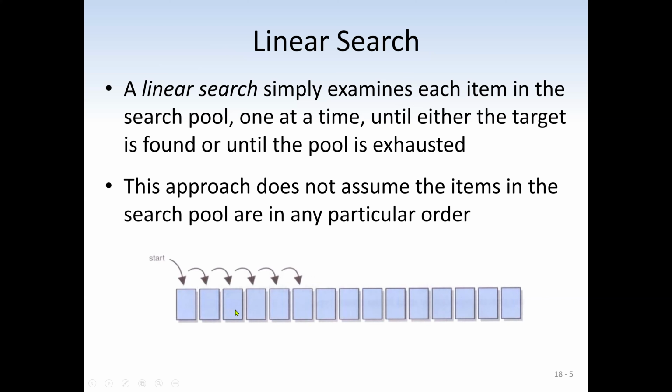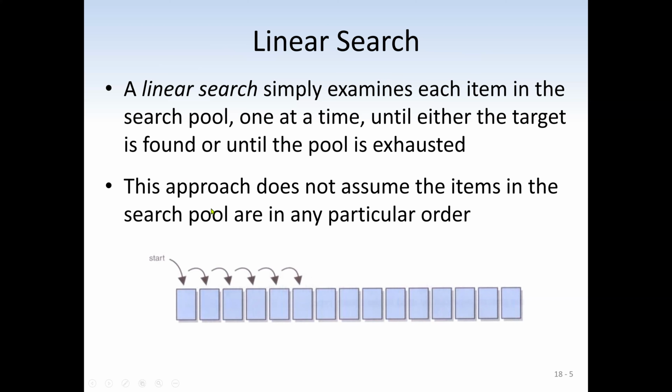Again, when we find the item we are looking for, let's say the fourth item, the search key is the same as the value in the fourth place, then we are going to return the location of the item, or we are going to say the item exists in the search pool, or in this case, in an array.